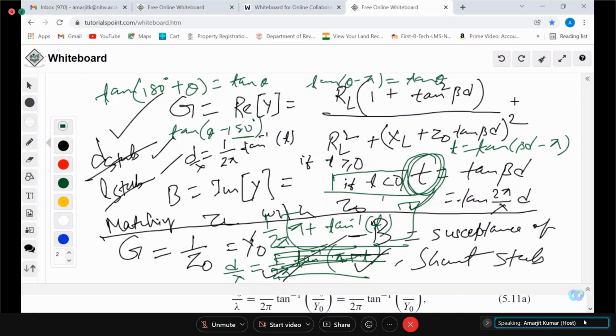Okay. So tan inverse t plus pi is equal to 2 pi d by lambda. So basically d by lambda will be equal to 1 upon 2 pi plus tan inverse t. This is what is written finally here.